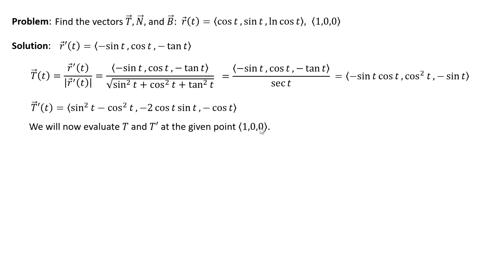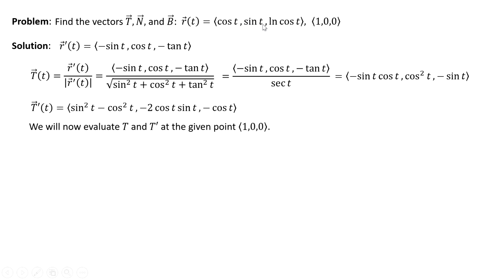Is that doable? Yeah. So basically we are saying cosine t is equal to 1, and also sine t is 0. Further, natural log of cosine t is 0. Looking at all those values, can you tell what t must be? Cosine t is 1. So that means t could be 0, 2 pi, 4 pi, 8 pi, all kinds of things. But t equals 0 is one of the solutions.